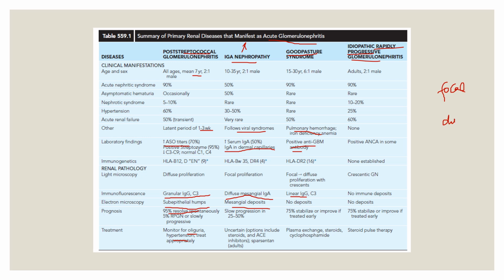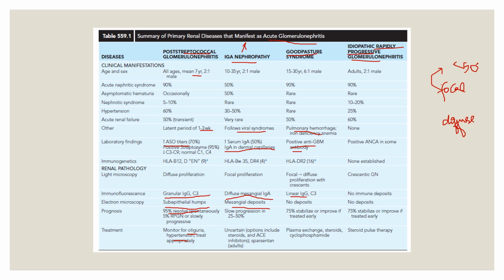In terms of glomerulonephritis, when you say focal, you mean only some of the glomeruli are affected. Suppose we say there are a million nephrons in each kidney. If less than 50% of the total nephrons or glomeruli are affected, you call it focal. So it is less than 50%. Diffuse means many of the glomeruli are affected.